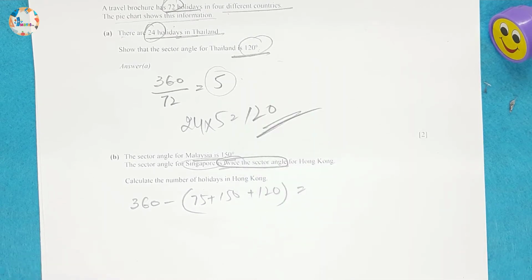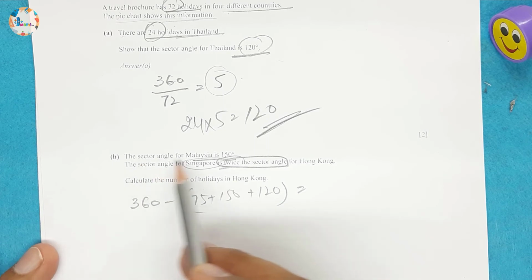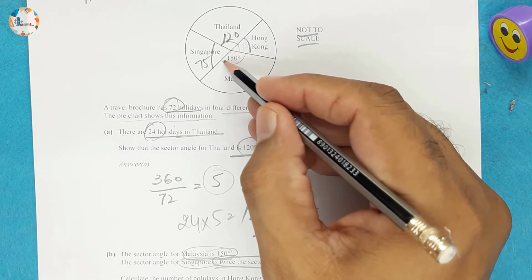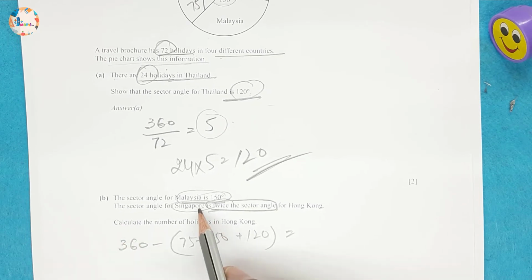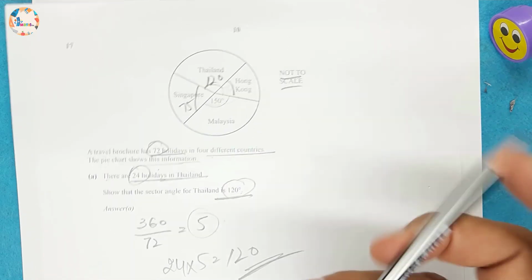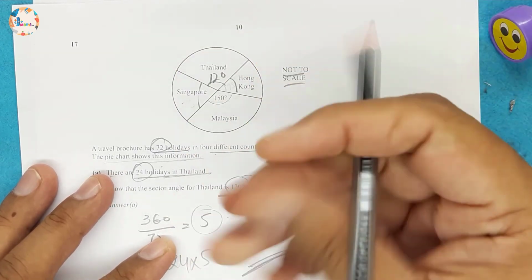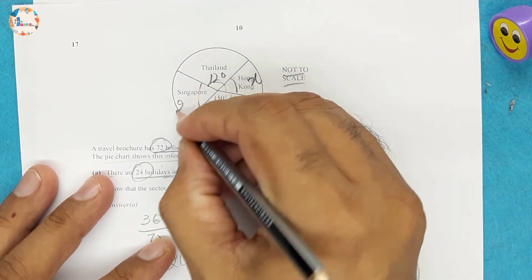So we'll have to check for that. Basically if we go through the question again, the sector angle of Malaysia is 150, which is this one, then the sector angle of Singapore is twice. So basically this one is twice this one, so we can take this as x and this as 2x.